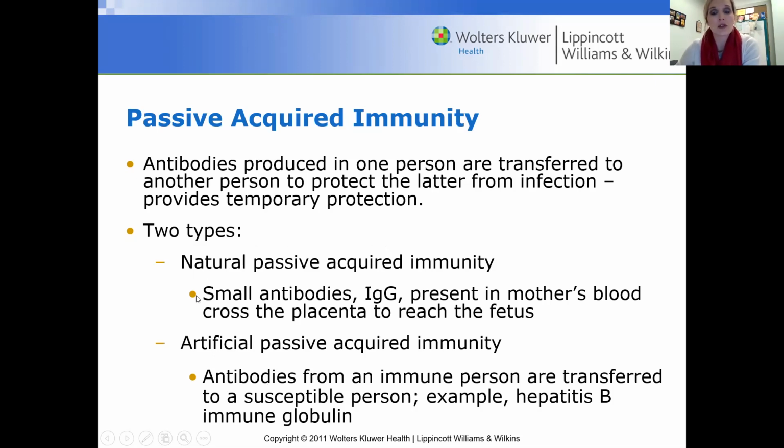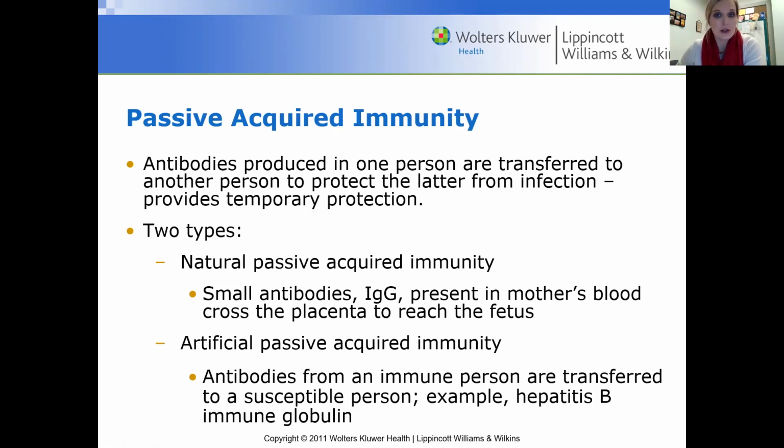A great example would be through a mother's blood, from the placenta to a fetus. So in the womb, a mother is passing on small antibodies. You don't have to specifically know immunoglobulin G. That's present in the mother's blood and crosses the placenta into the fetus. Another example, mother to baby, is breastfeeding.